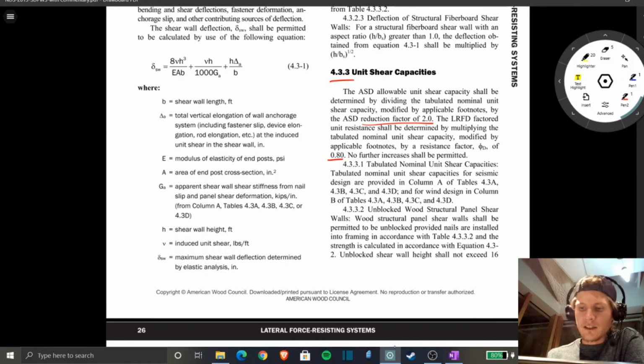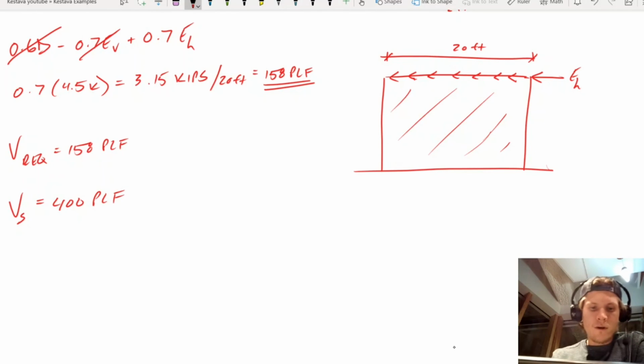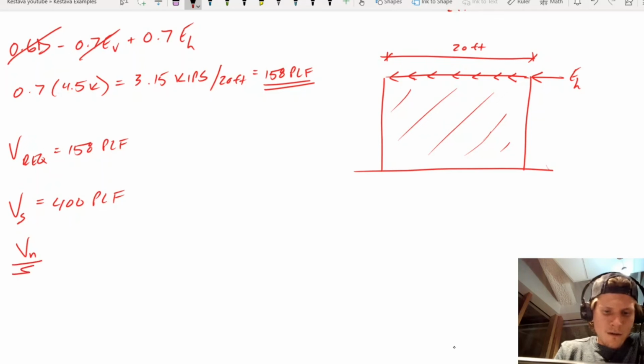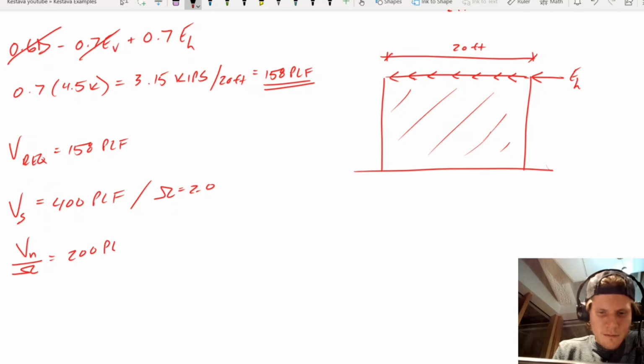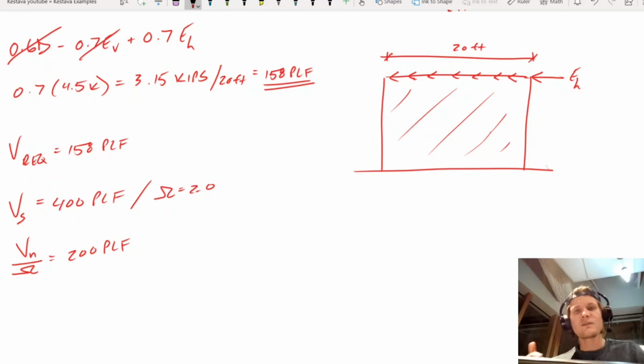So that means, let's jump back, that our 400 PLF is actually going to be phi Vn over omega equals 400 divided by omega, which equals 2.0, which is just going to equal 200 PLF. Now this is not omega for overstrength. This is just omega, like omega for ASD, where you have phi for LRFD. So don't confuse those, okay?